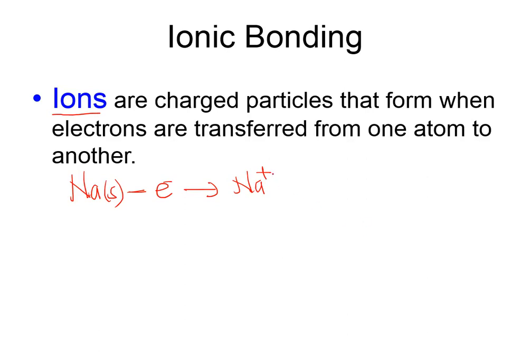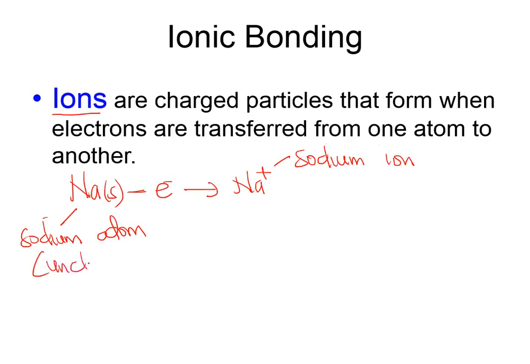So this is sodium ion, while this one is sodium atom. So the atom is uncharged, while the ion is charged. That's the difference between the two. The atom is uncharged, the ion is charged.